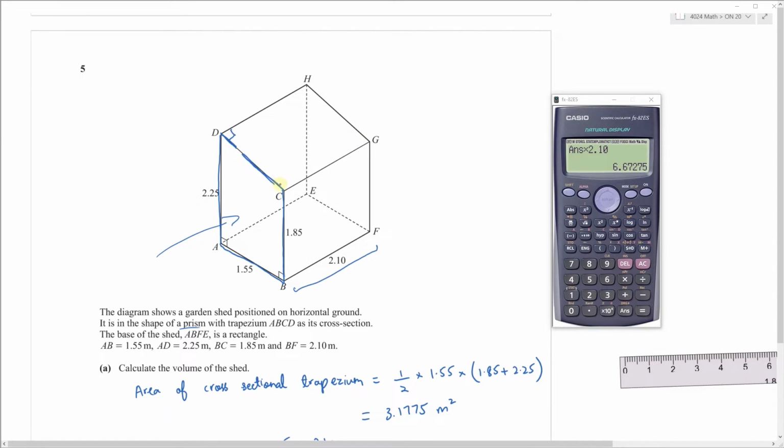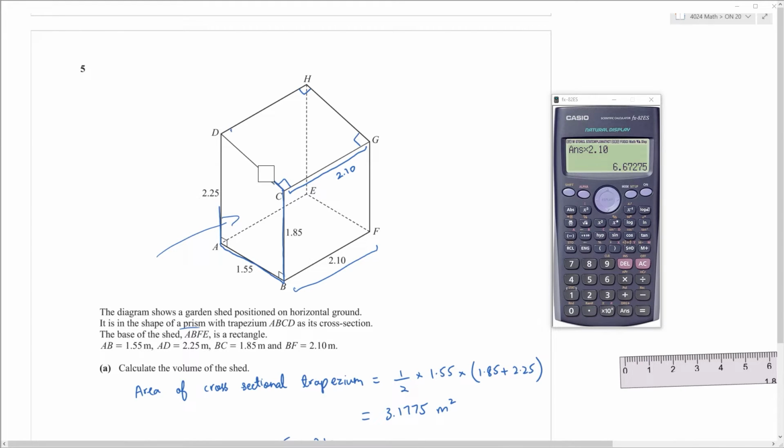That means this angle is 90 degrees, this angle is 90, this angle is 90, this angle is 90. It's just that it is slanting downwards. To calculate the area of a rectangle, I just need the length and the width. If this length is 2.10, that means this length is also 2.10. And I need to find this length so that I can calculate the area.